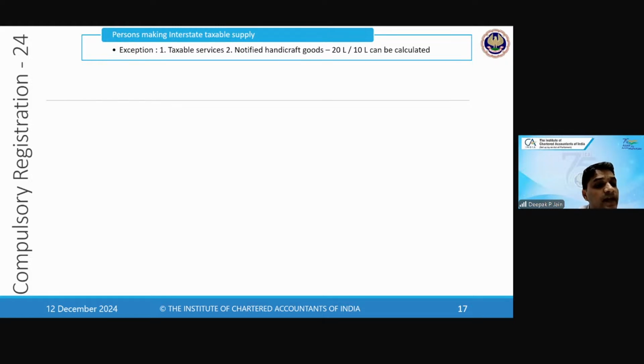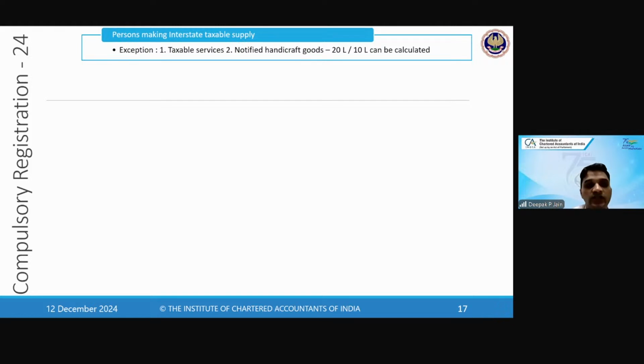In case of transfer or amalgamation, they are already registered. Correct, Hardik? In case of transfer or amalgamation, there are existing entities. Once they amalgamate, a new entity is formed. Or if it's a takeover, then it's a different thing. Here they have said amalgamated. Once amalgamation happens, a new company comes into existence, and then it will have to take a new registration.